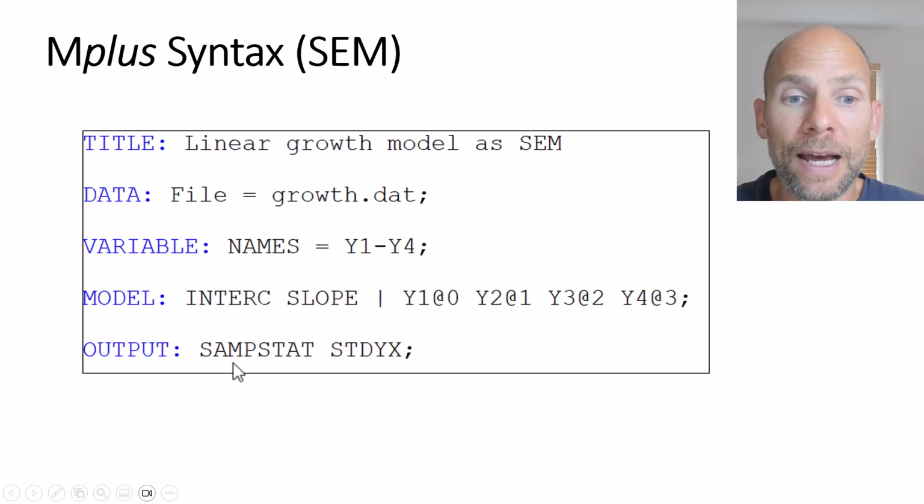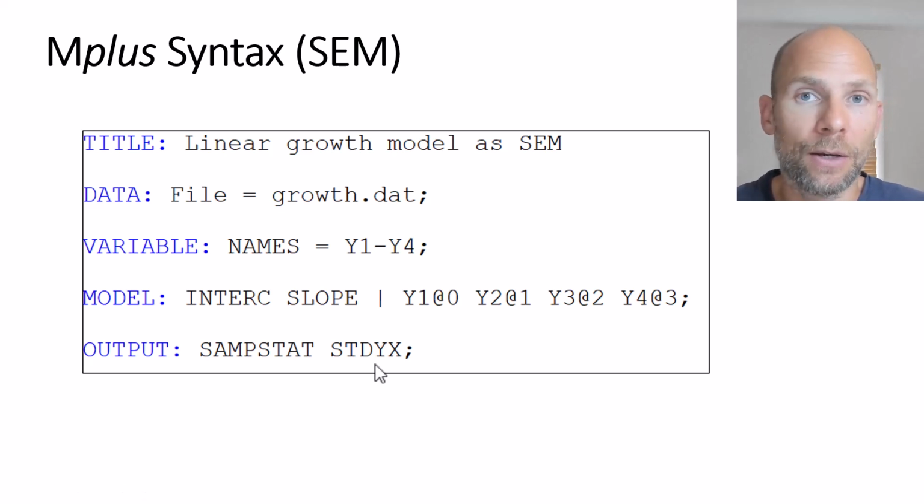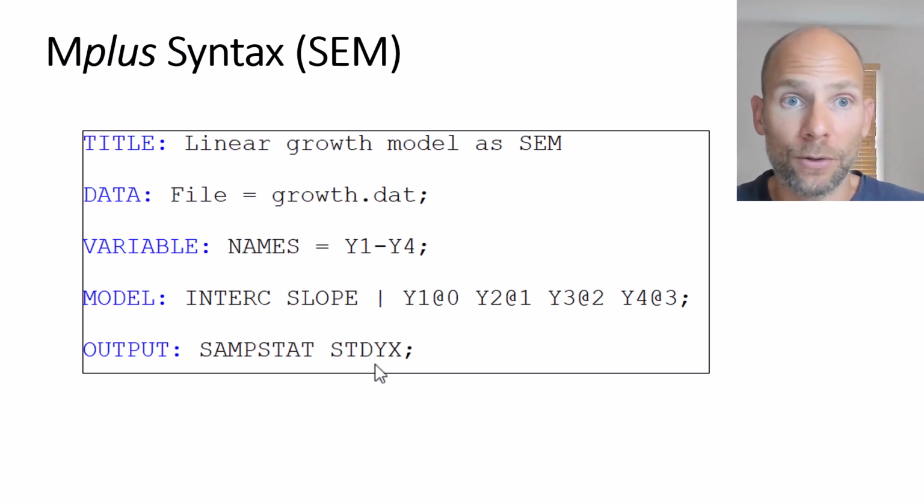The output line allows us to request sample statistics as well as the standardized solution STD-YX, so that we can also take a look at the correlation between the intercept and slope factor. So Mplus has very straightforward syntax for specifying a growth curve model, and this is still very straightforward also if you have a quadratic growth curve model or some other kind of growth curve model.